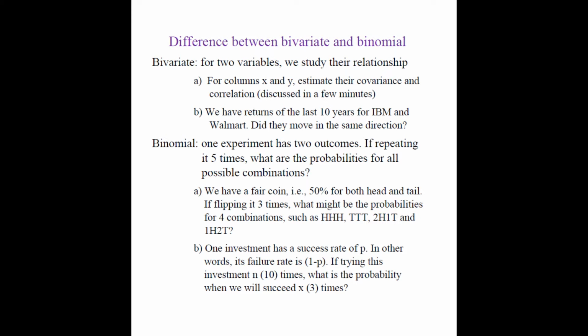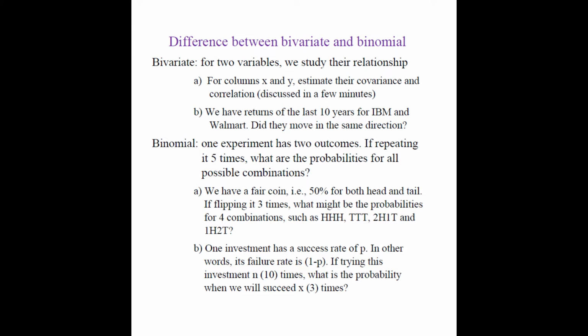Bivariate, for this course, is for two variables, and we study their relationship. For example, we have two columns, x and y. We estimate their covariance and correlation, or correlation coefficient.